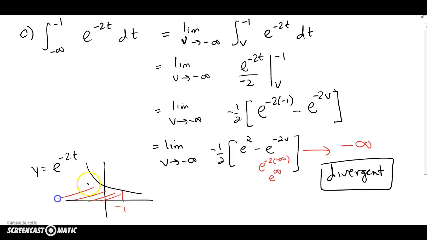Well, if we had looked at that before we did the integral, we would have clearly seen this has got to be divergent, because look at that region, that thing keeps going up, so that region is not going to be a finite amount that we can capture. So this integral for sure is divergent, because we were looking at it from negative infinity all the way up to negative 1, based on the limits of integration.